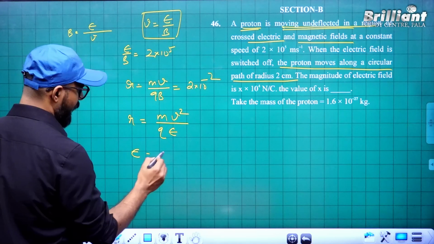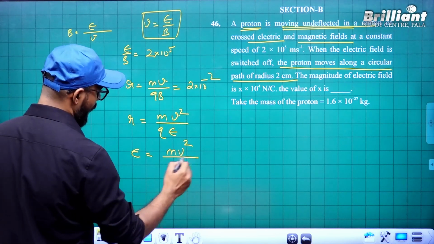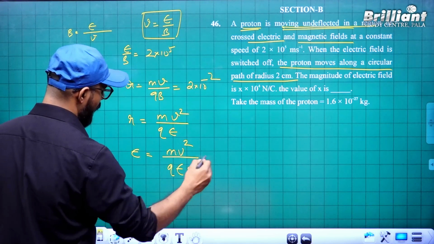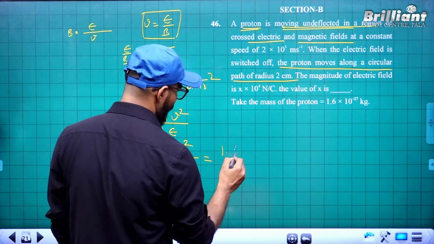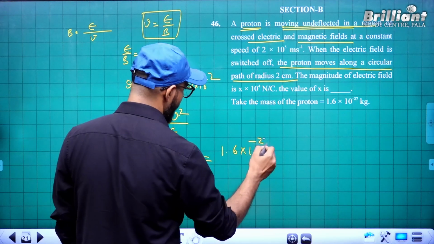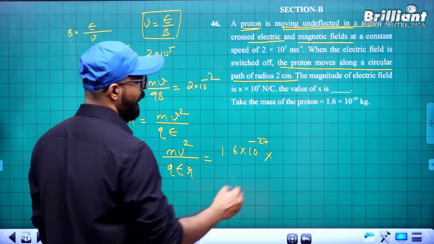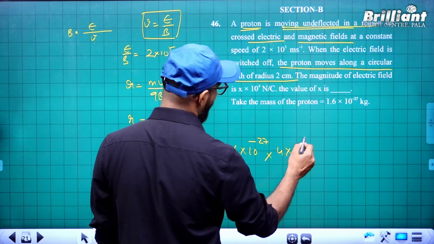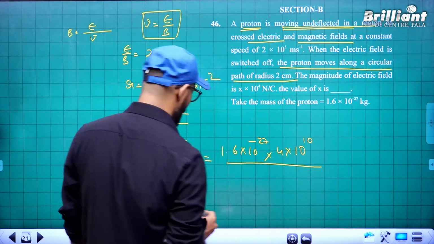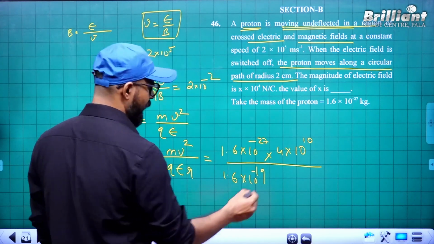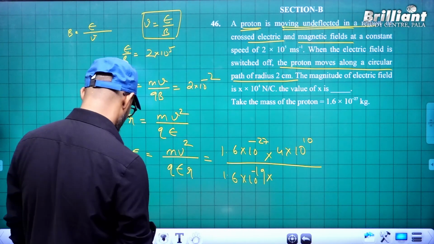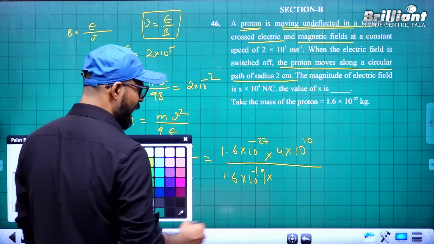So what is the electric field? E is equal to mV square by QR. What is mass? We are talking about a proton. So 1.6 into 10 to the power minus 27 into V square, that is 4 into 10 to the power 10, divided by 1.6 into 10 to the power minus 19 into the radius.